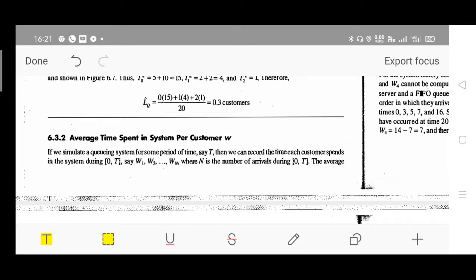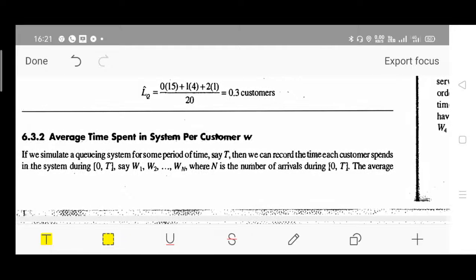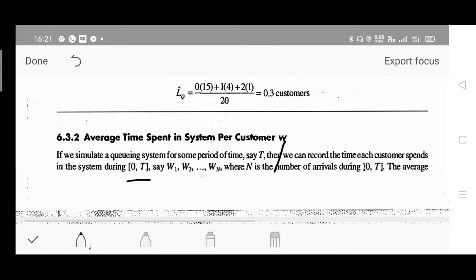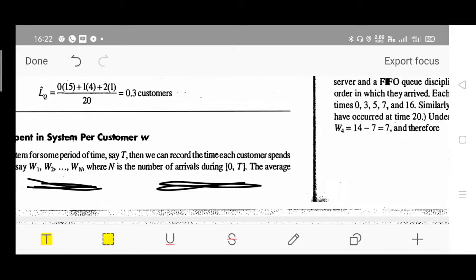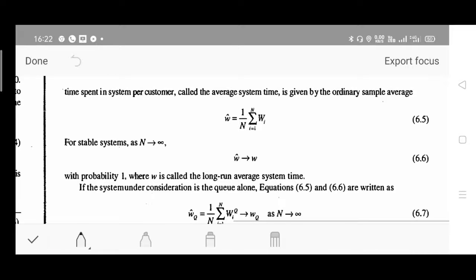If we simulate a queuing system for some period of time, say T, then we can record the time each customer spends in the system during the interval. What is the interval? 0 to T is the interval. Say W1, W2 and Wn, where N is the number of arrivals, or in other words the number of customers, in the duration 0 to T. The average system time per customer is given as follows.